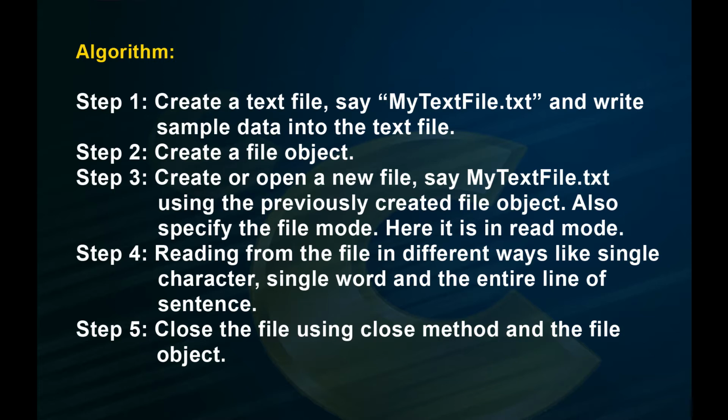Also specify the file mode, here it is read mode. Step 4, read from the file in different ways like single character, single word and the entire line of a sentence. Step 5, close the file using the close method and the file object. Let us now type the program.